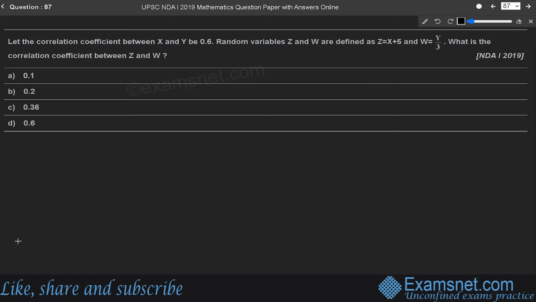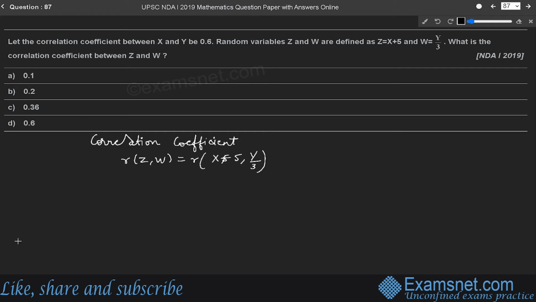We know that correlation coefficient r of z comma w is equal to r of x plus 5 comma y by 3.